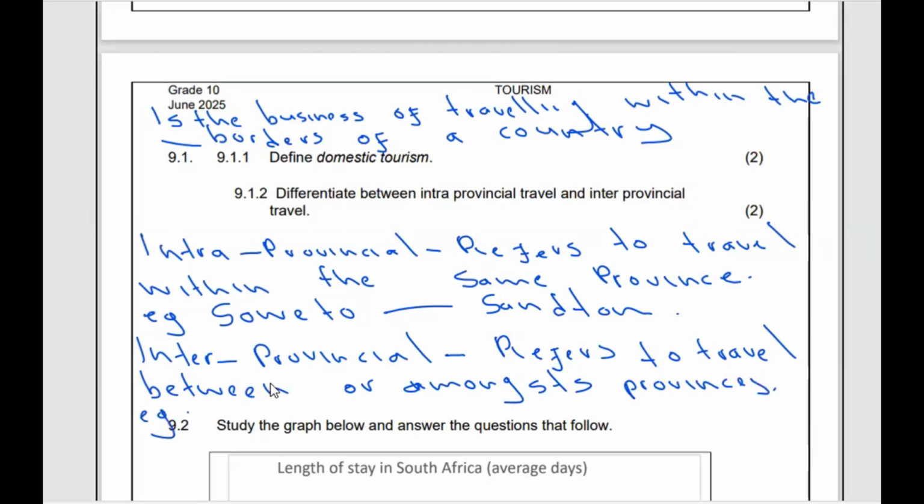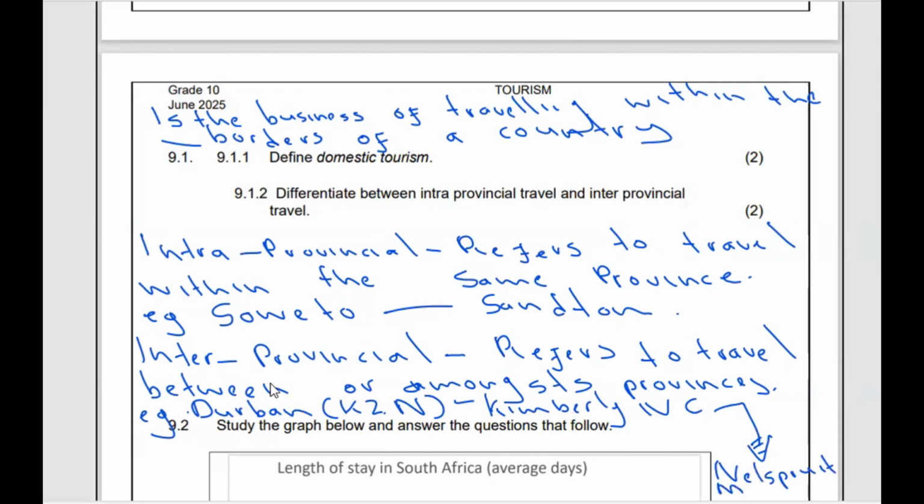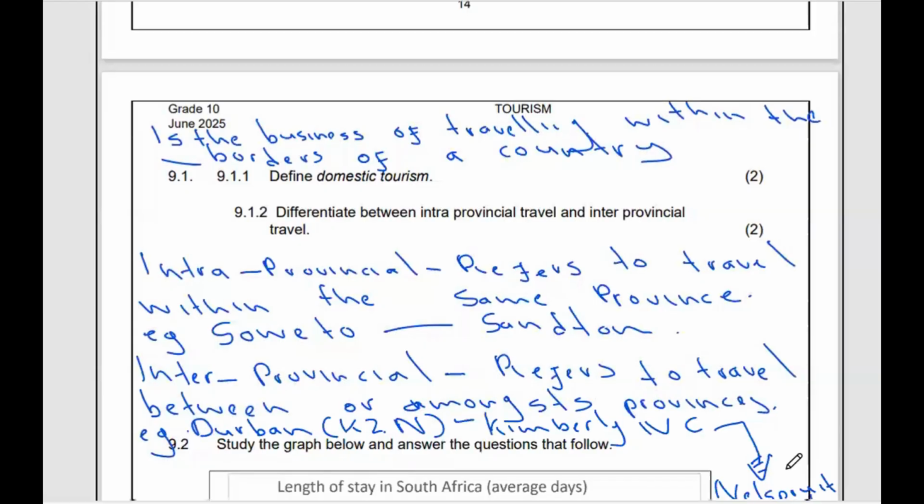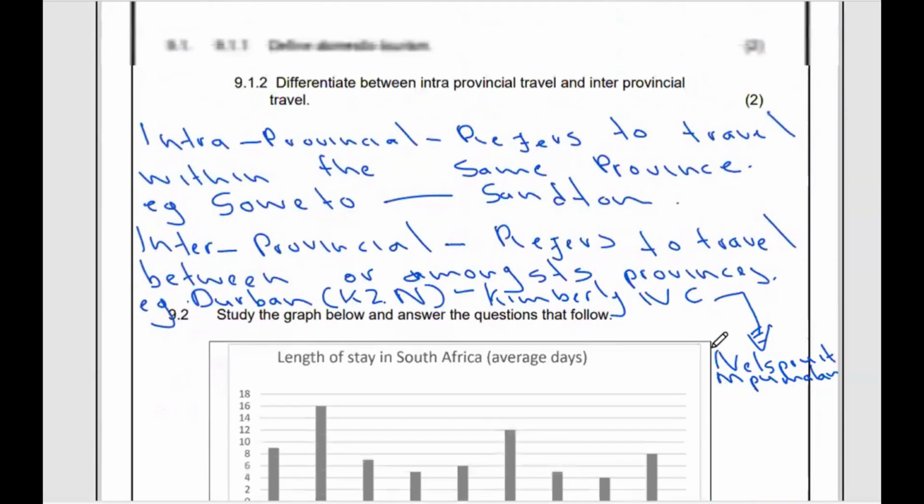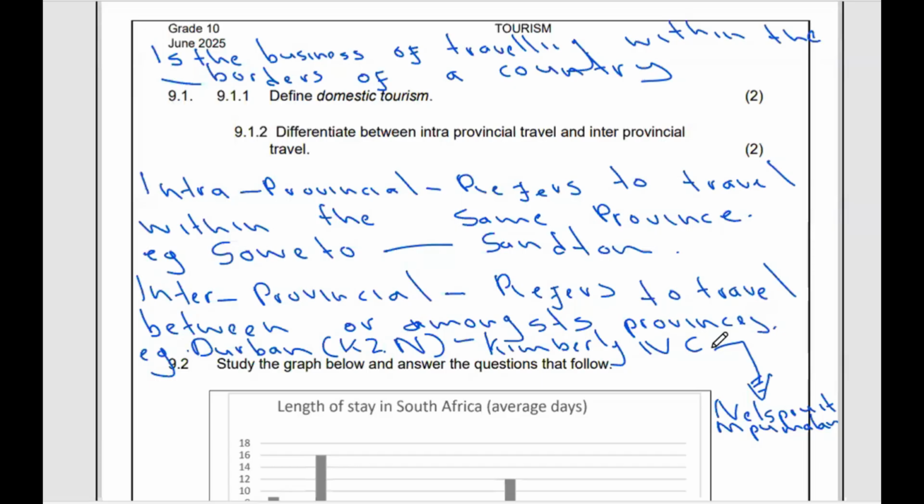E.g., when a tourist leaves Durban, remember Durban is in KZN, and then they visit Kimberley, which is in the Northern Cape. Then from Kimberley, they go to Mpumalanga, to Nelspruit, which is in Mpumalanga. So that would be an example of interprovincial travel. So which brings us to the end of 9.1.2.